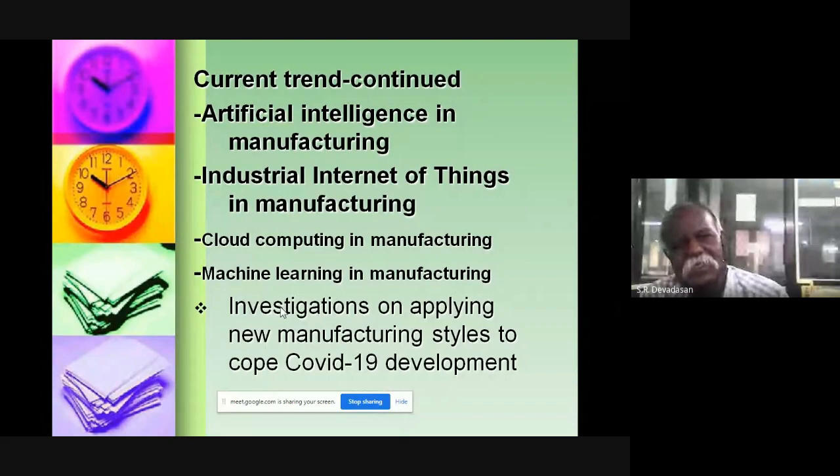So now we need to absorb abundant knowledge on industrial internet of things. Then again, having a standalone system is not sufficient. So we go for cloud computing. Then learning by human beings alone is not sufficient. Rather, machine learning is to be made.